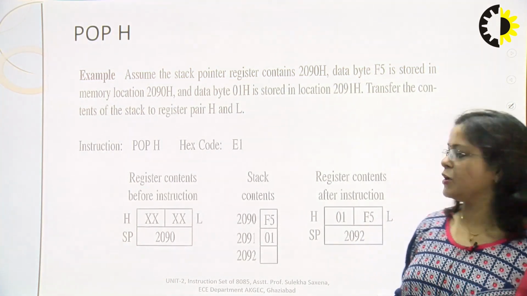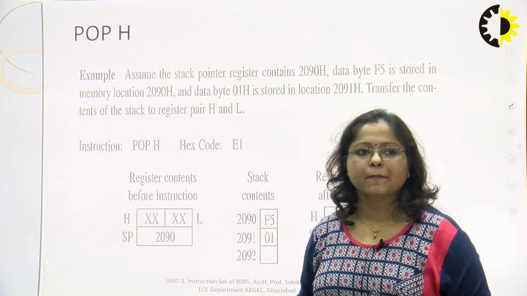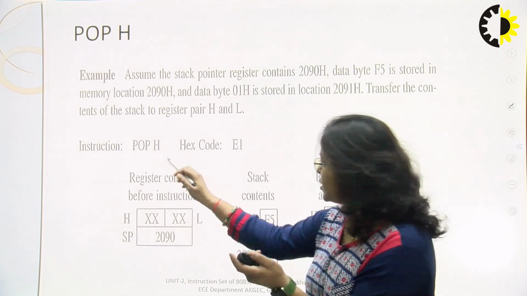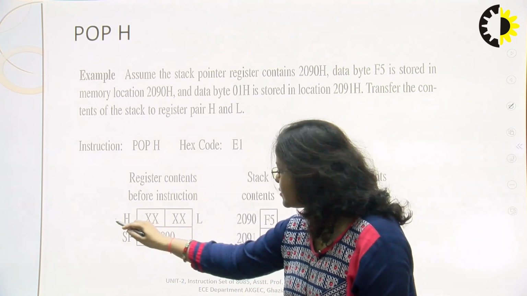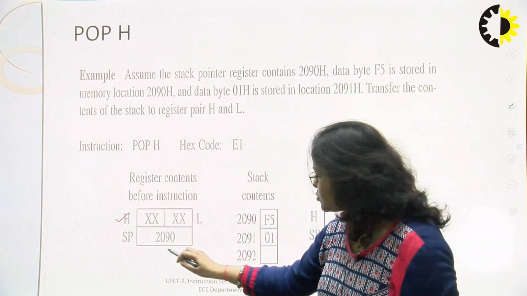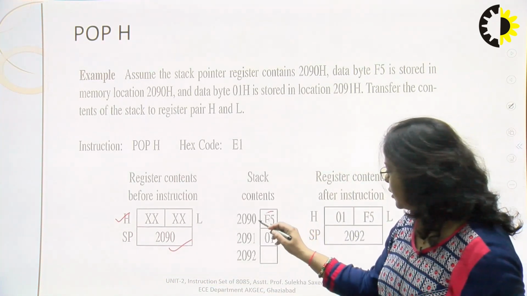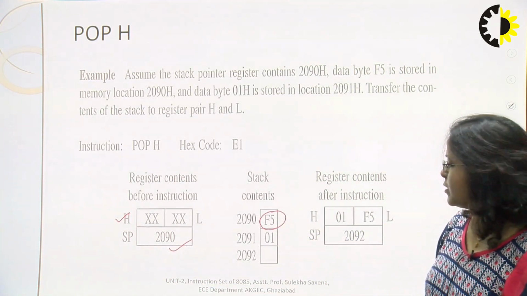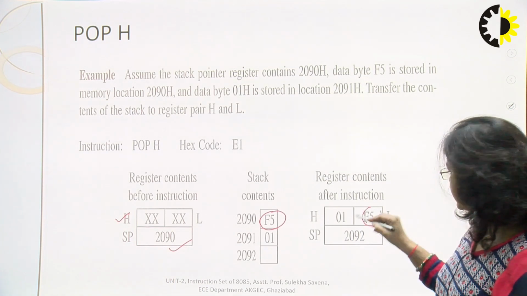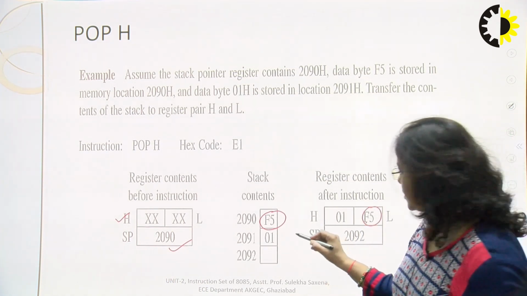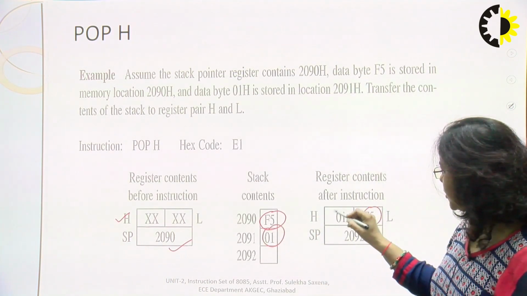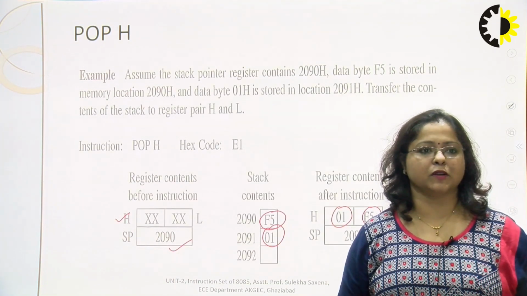Let me take an example, pop H. The register pair taken here is HL. Let SP be 2090. So the content at SP, F5, is copied to the L register. Then the content at SP plus 1, 2091, is copied to the H register respectively.